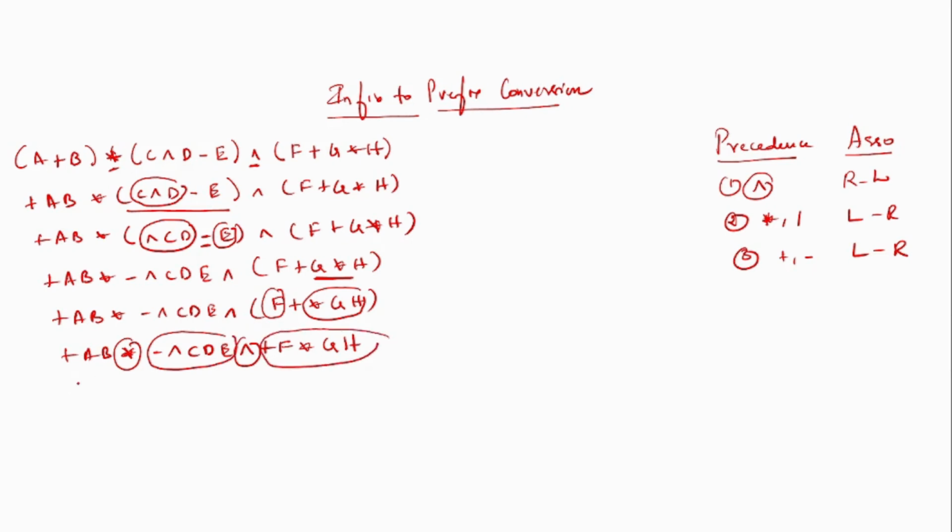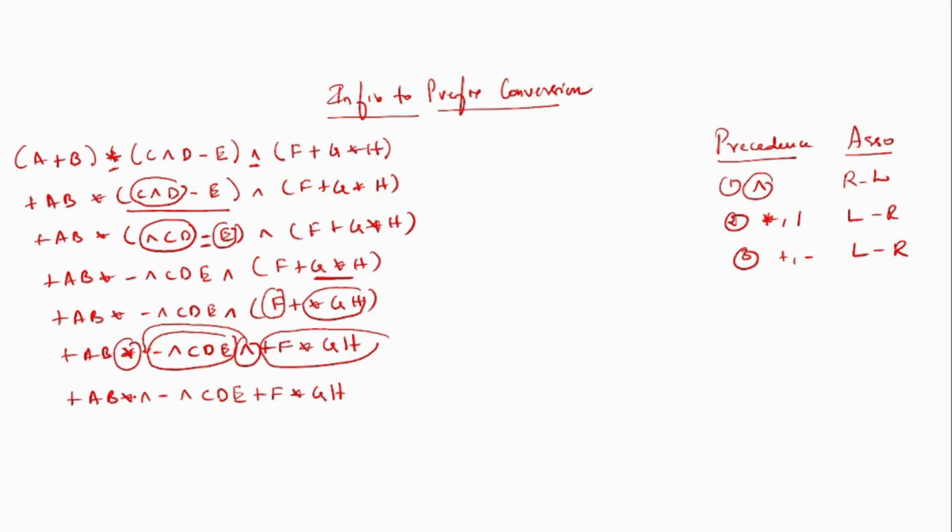So here I have plus AB, I'll write star as it is, then I will put exponential before my operand 1, right? So exponential minus exponential CDE plus F star GH, right, F star GH, right?